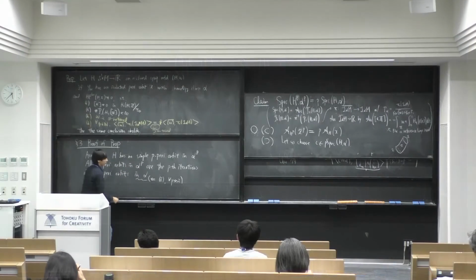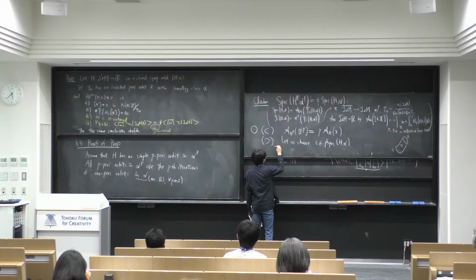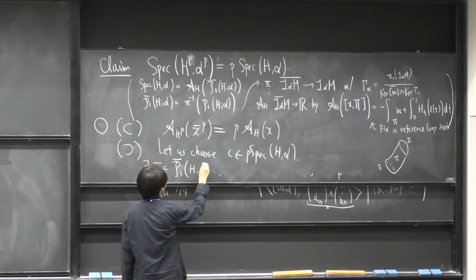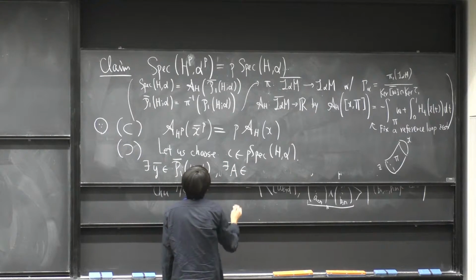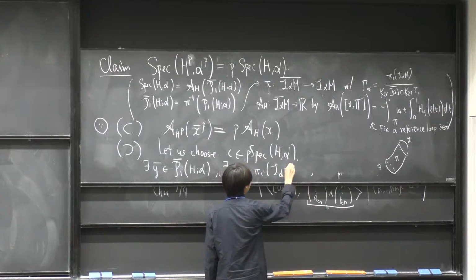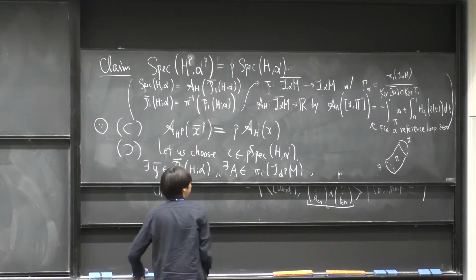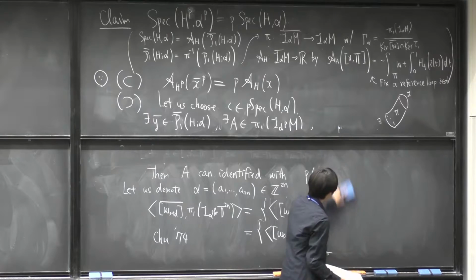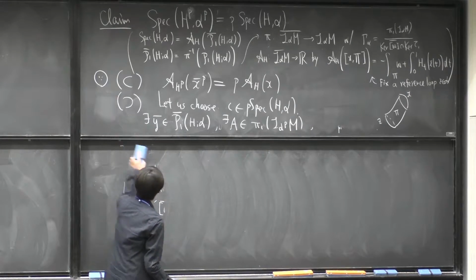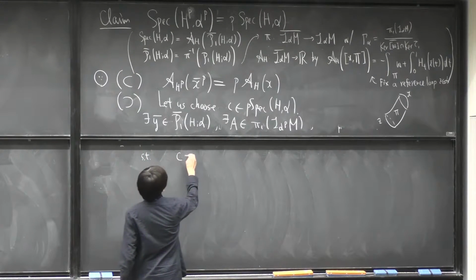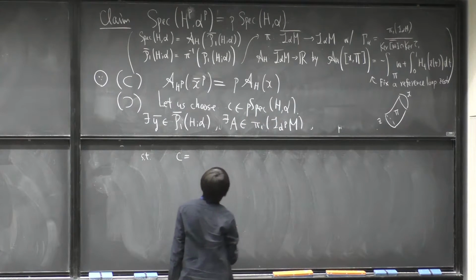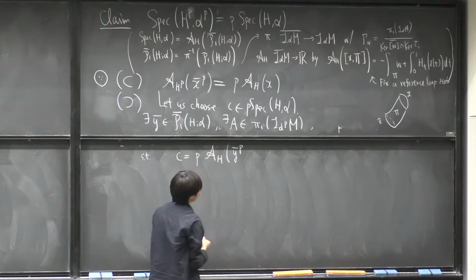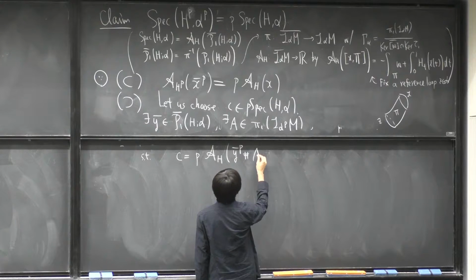Then by our assumption and by the condition 2, there exists some lift of one periodic orbit, y bar, and A in the fundamental group of alpha such that every element in this set can be represented by p times y bar, the p-th iteration of y bar, concatenated with A.